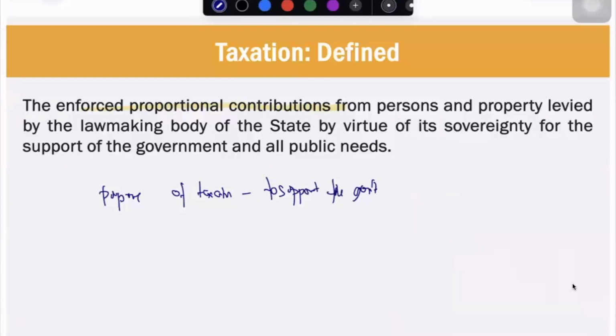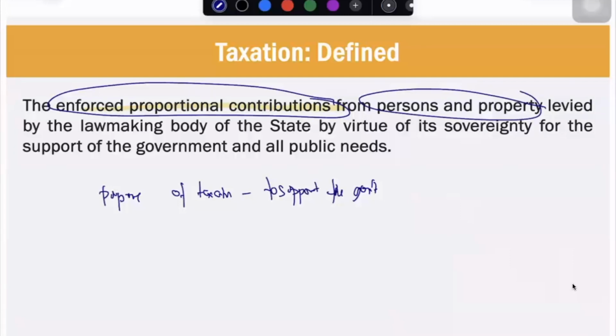Because if you try to look at it, the enforced proportional contribution, we already talked about that in the previous slide. Furthermore, when we talk about persons or property, again, we are talking about objects of taxation or the subject matter of taxation. What is only different in this particular definition is that it is for the support of the government and all public needs.